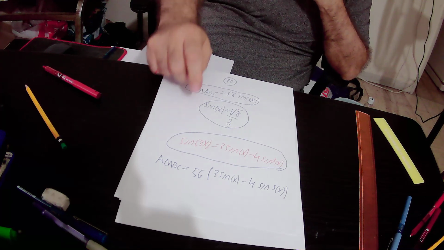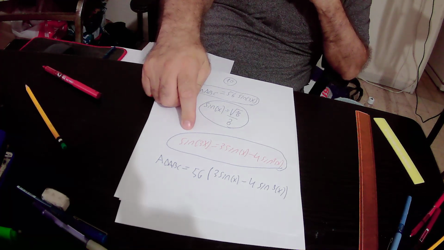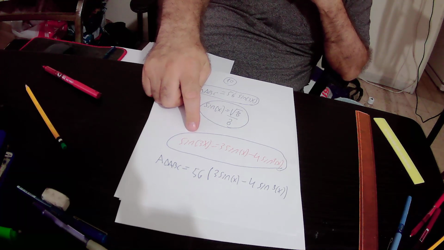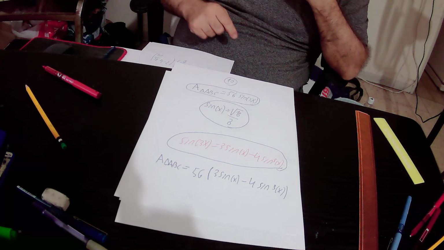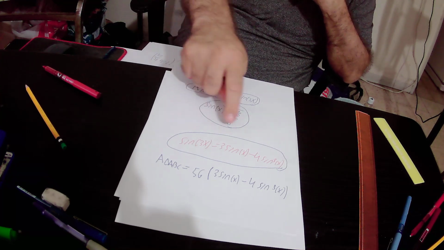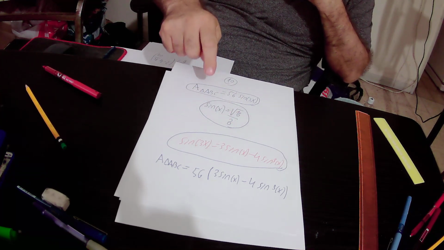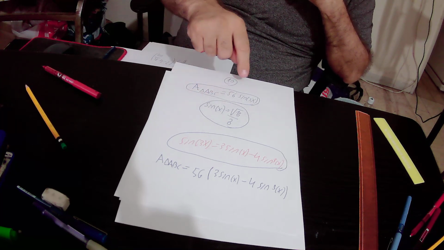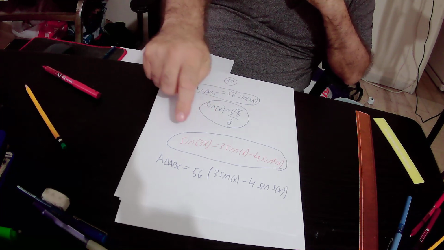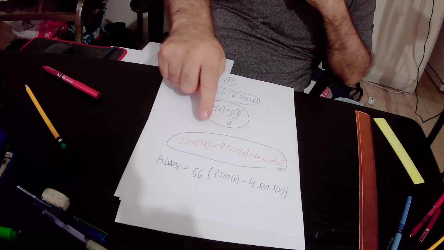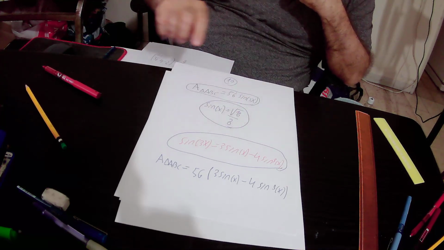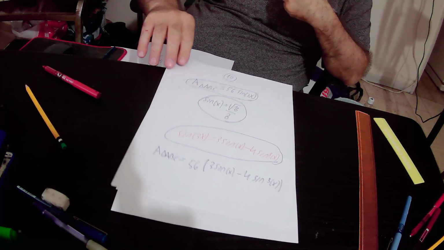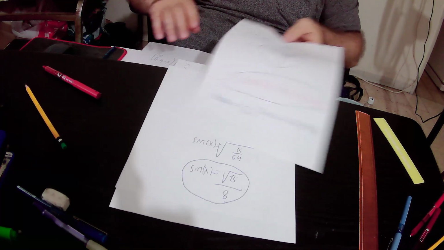And we have the trigonometric identity that states that sine 3x equals 3 sine x minus 4 sine cubed x. We can use this identity in order to find the value of sine 3x. So we substitute sine 3x by this expression.